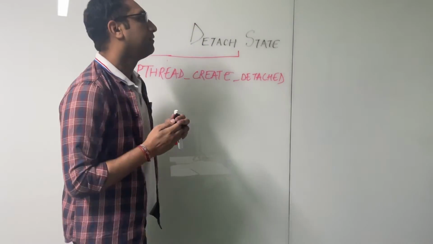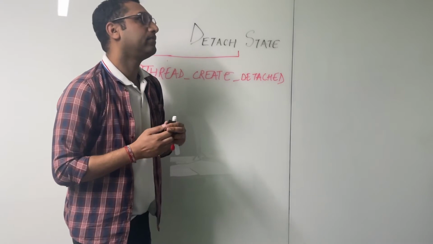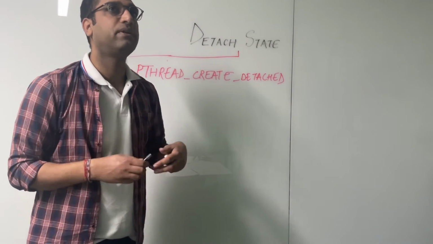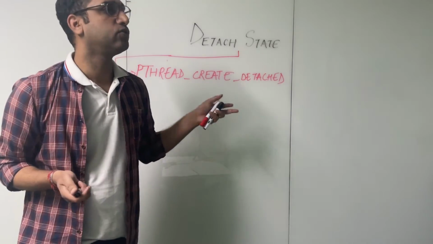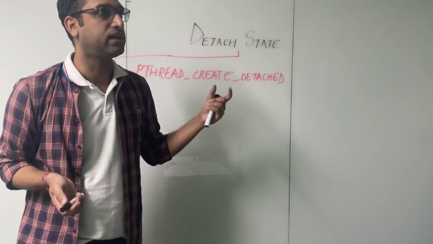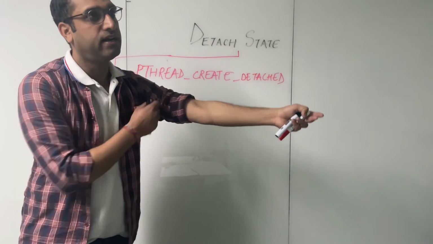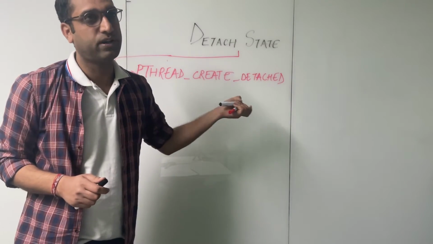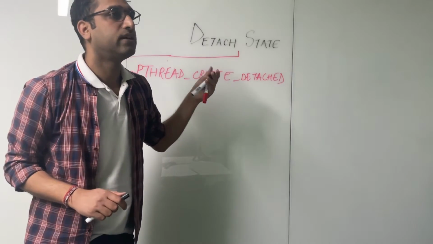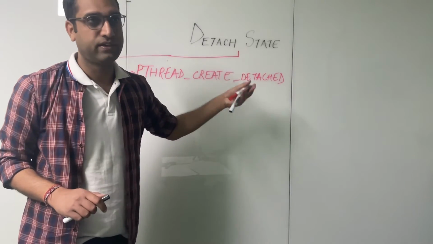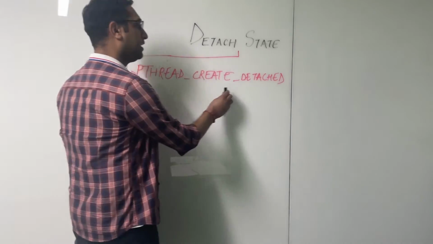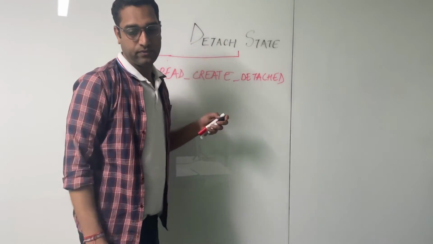Basically, in case we want to spawn a thread and we don't want the main thread to block its execution for it, we are just sure that it's a small task, this newly created thread will perform without any problems, it has no pitfalls or anything like that, so it will perform and it will go out of its termination, and we don't want to wait for it, we can create a pthread create detached.